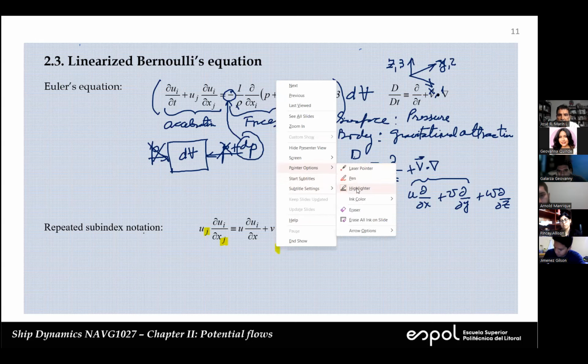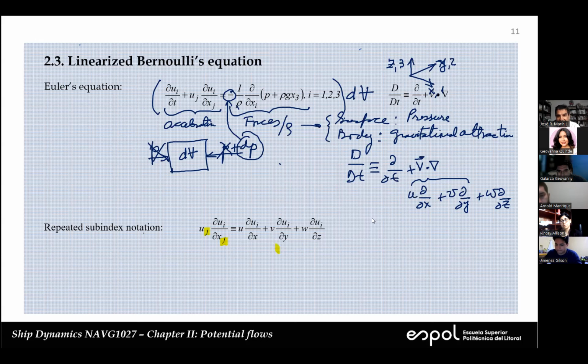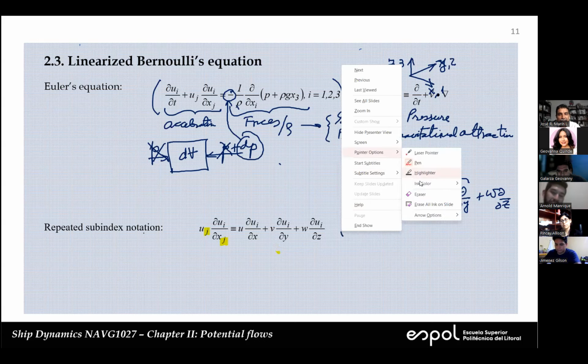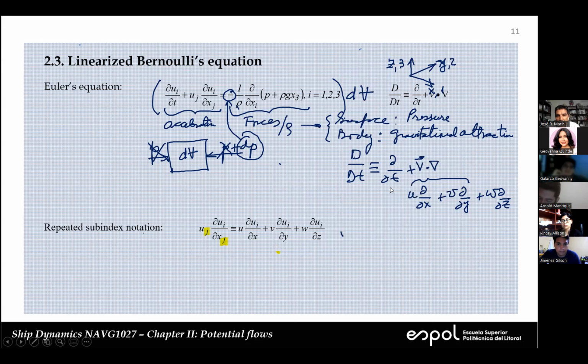Remember, I am not a hydrodynamicist. Who is the hydrodynamicist in our department? Ms. Freire, who is the hydrodynamicist in our program?